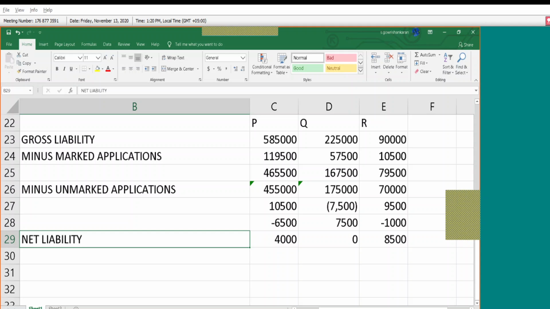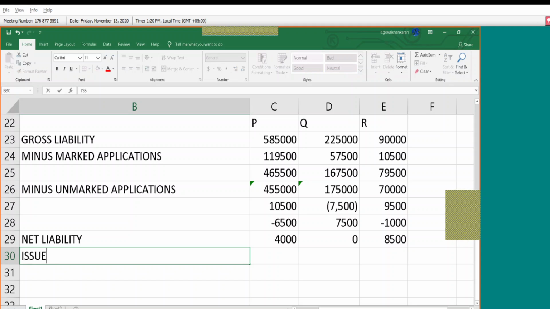Because the firm underwriting application is included along with the unmarked application. The company is not able to differentiate between the unmarked application and firm underwriting, because this underwriter submitted the firm underwriting application along with the unmarked application. So net liability is this much.